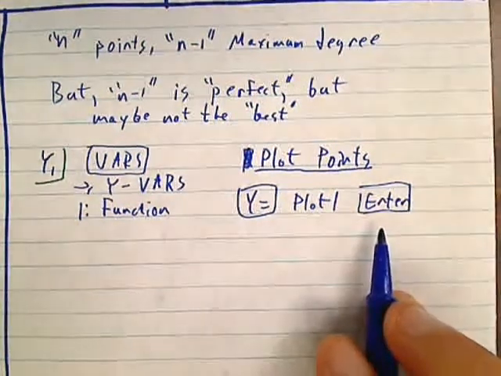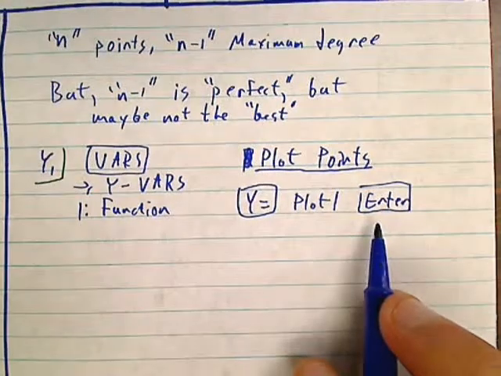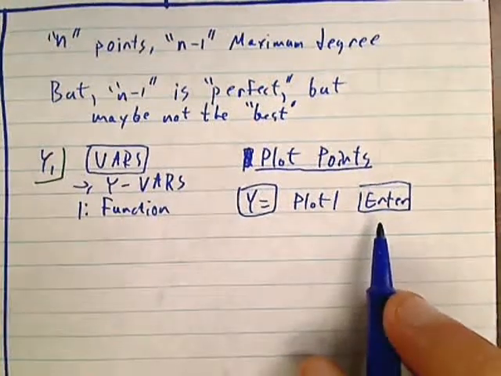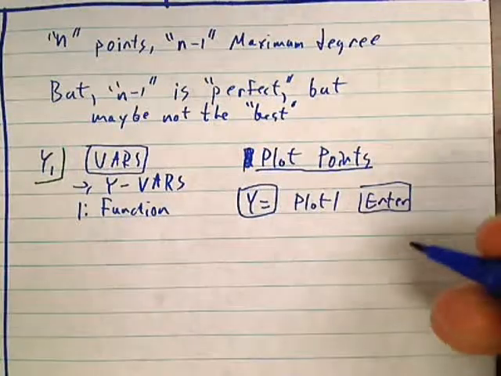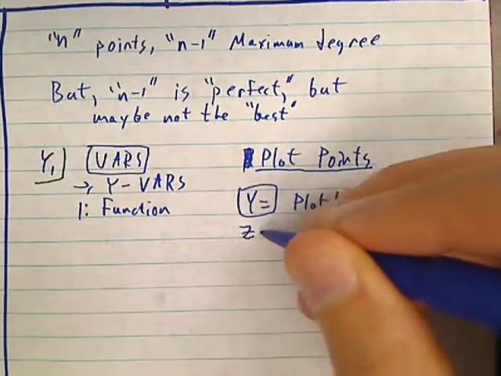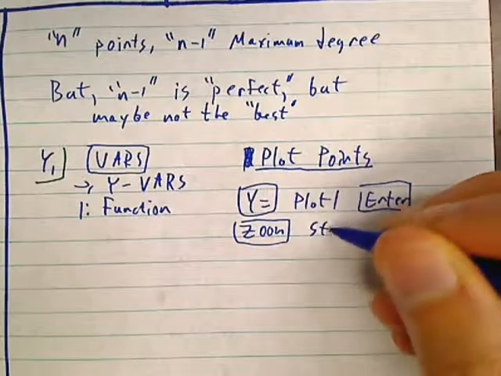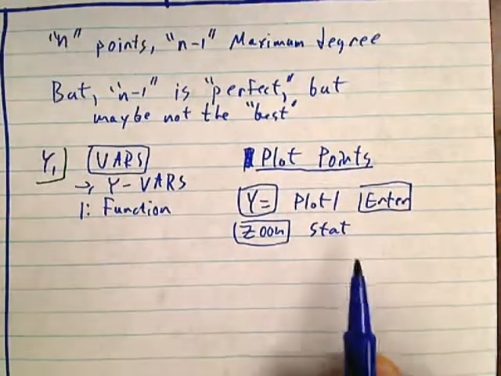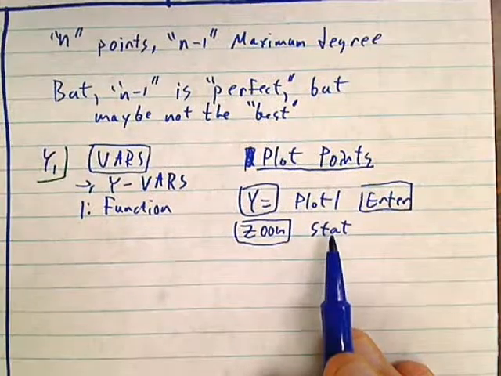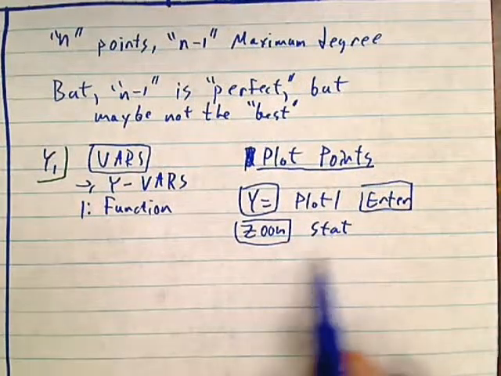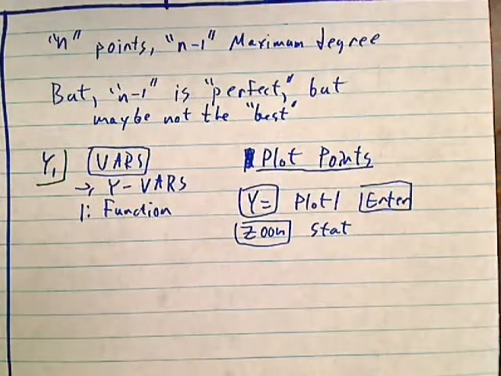If you hit enter on it again later on, it will turn it off. Leave it on. Leave it shaded. And then you zoom stat. That's the start. Usually after we zoom stat, we might zoom out a little bit to see what's going on. But to get started, we will zoom stat. Okay, just a couple little notes there.